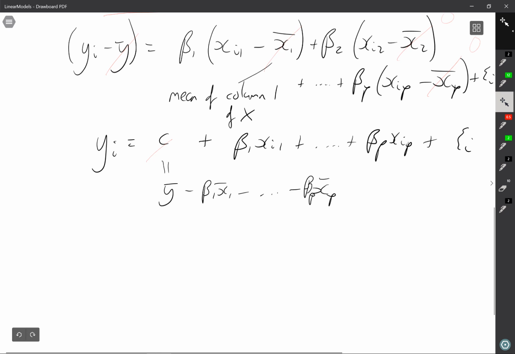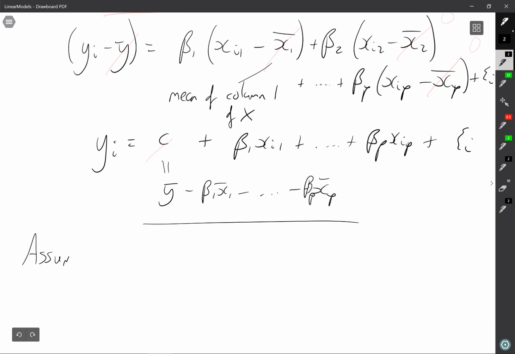Now when we do this, we normally make a number of assumptions. So we typically assume, one, that the expected values of the errors are all 0. If they're not zero mean, we just have an intercept to pick it up. So we're going to assume the zero mean.